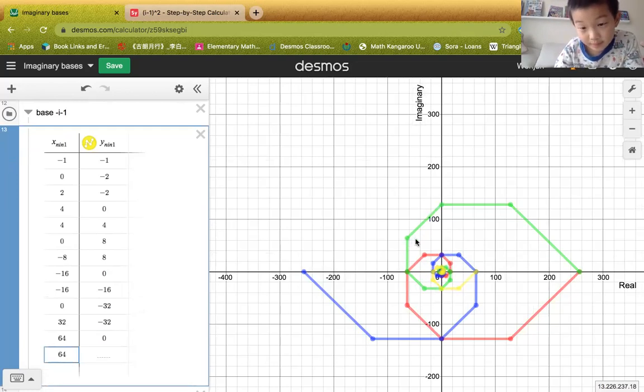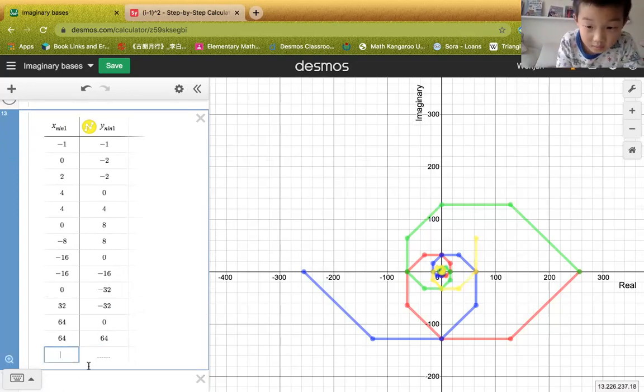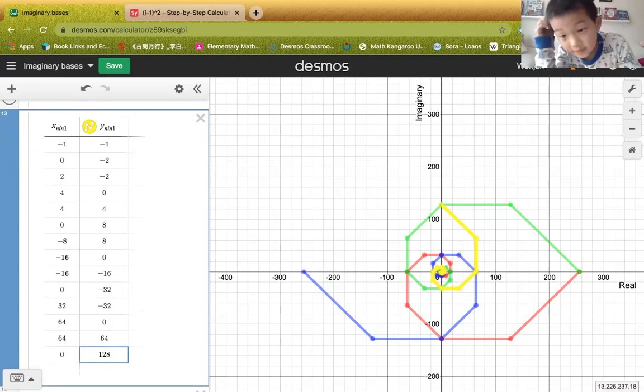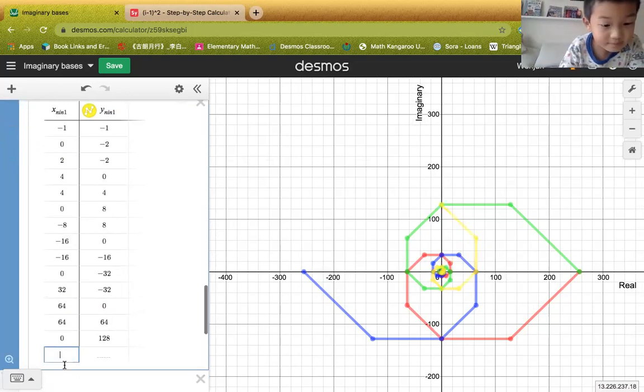Yeah, wait, what's up there? Now it looks right. Wait, what's 128? See?